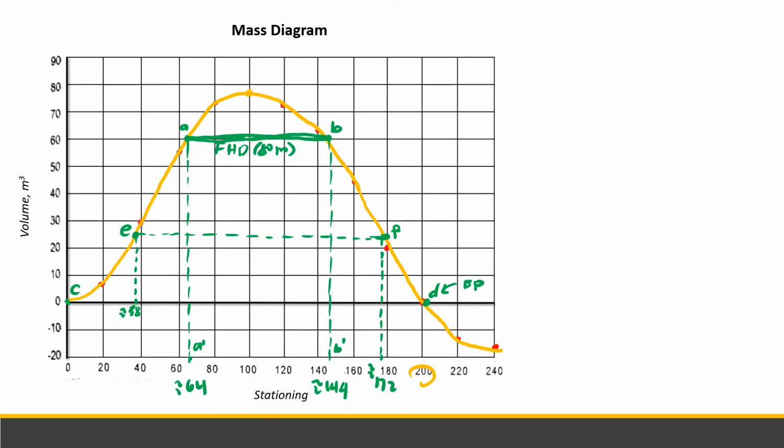So the average haul distance is approximately equal to 172 minus 38. So this is equal to 134 meters. So this is the average haul distance from E to F, since this is the centroid of the cut and fill.